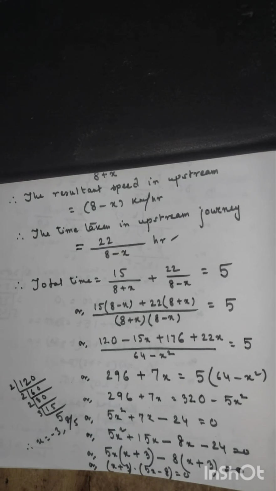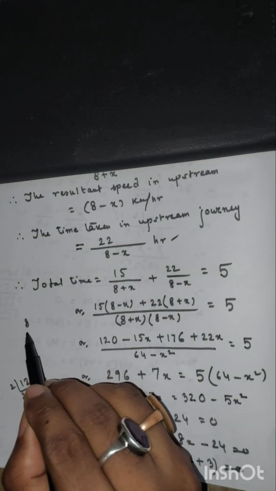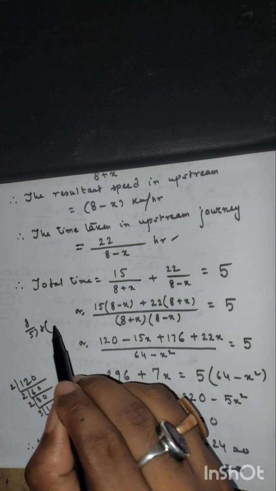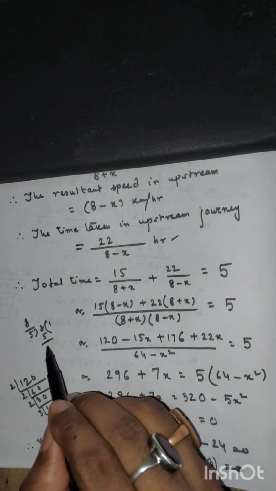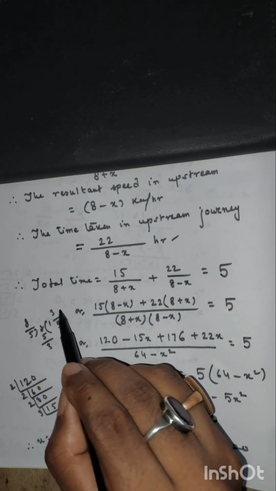So x cannot be negative because it is representing speed. So it can be 8/5. So 8/5 means one whole 3/5 kilometer per hour.